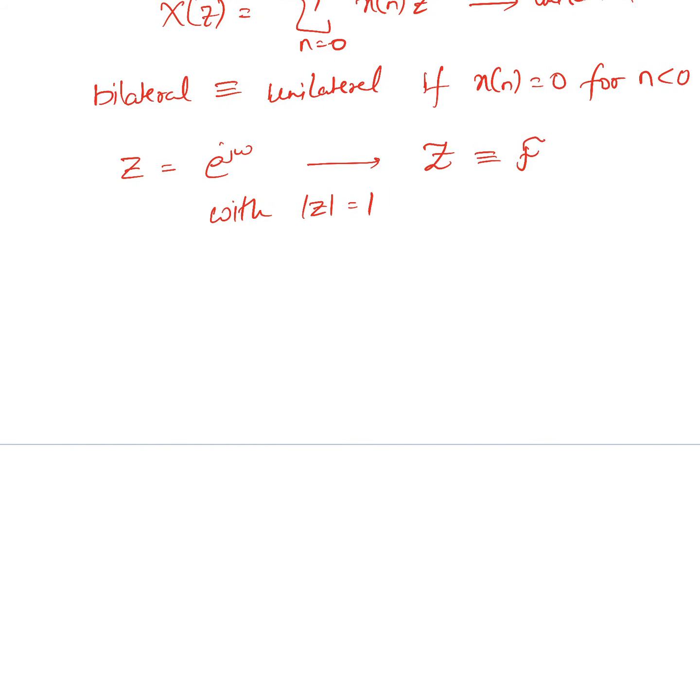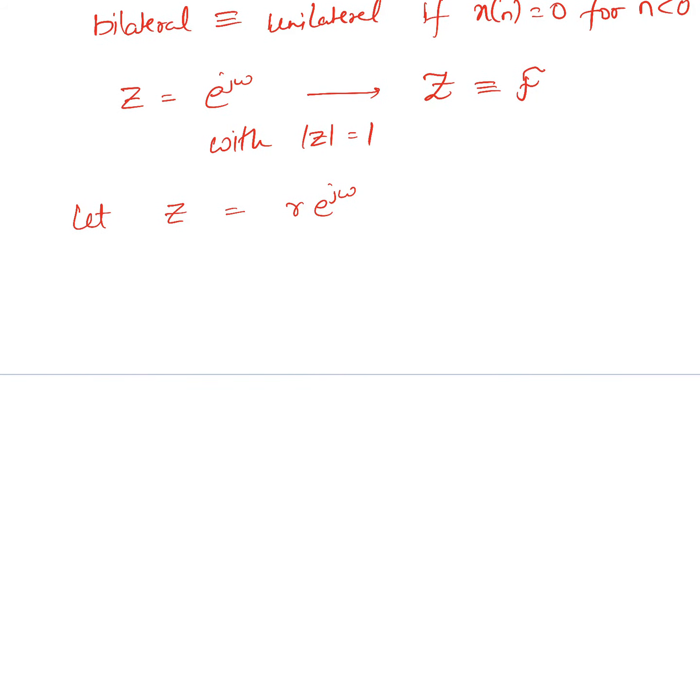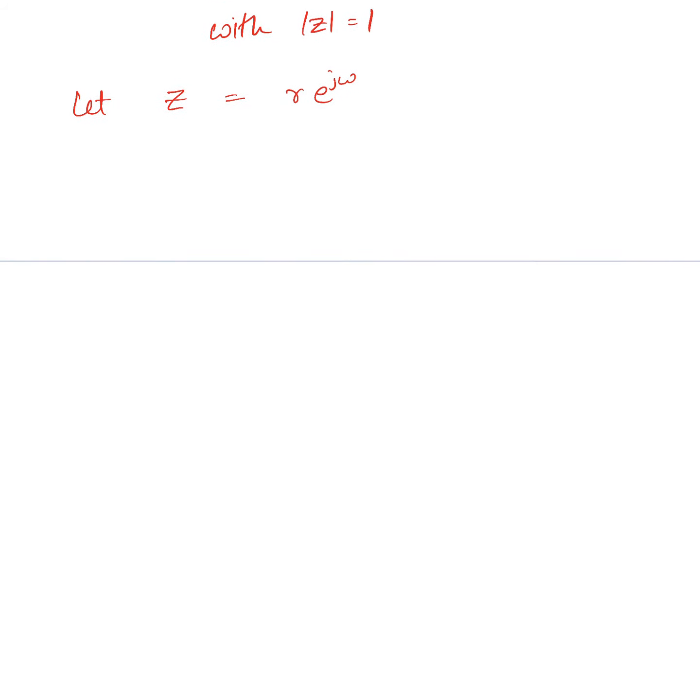So let's see this. Because z is a complex variable, I can represent it in polar coordinates as r times e to the power j omega, where r is the magnitude of the complex variable z and omega denotes the angle on the z plane. So let's represent z is equal to r e to the power j omega.